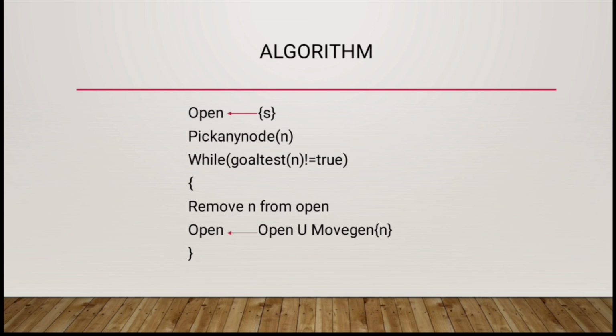If it is not true, I'm going to remove that node from the open list, as we have mentioned, and the open list is going to add the elements which are the successors of the node n. So as we discussed, this algorithm is very, very simple.